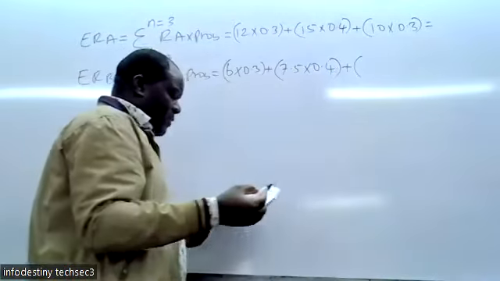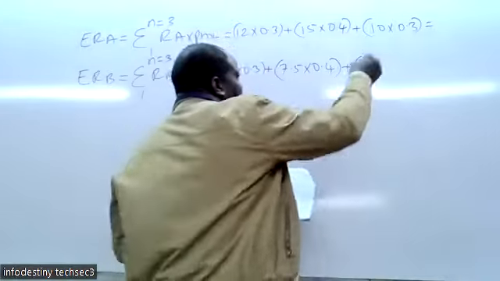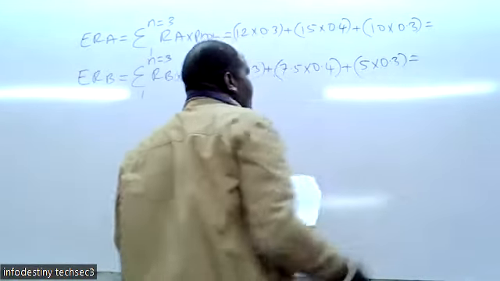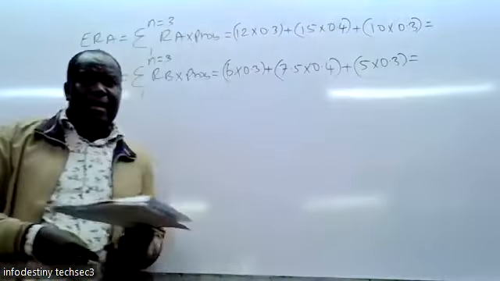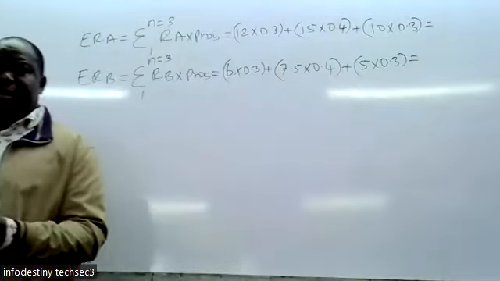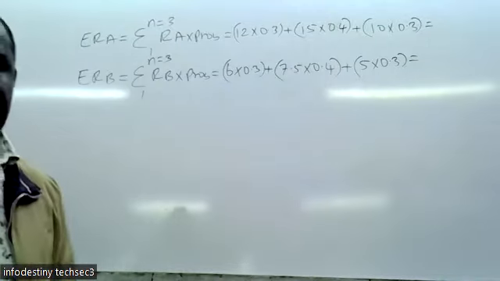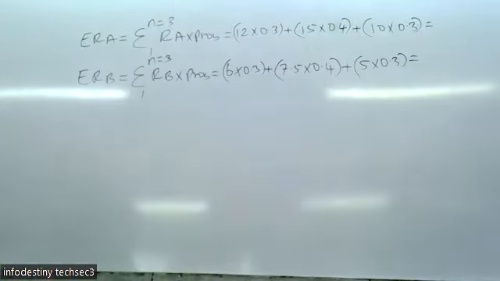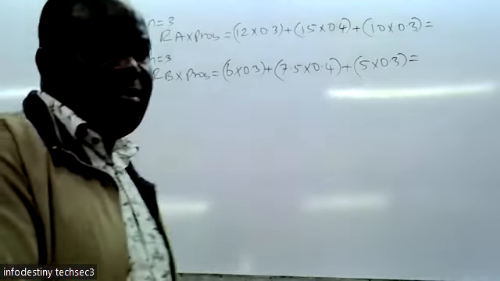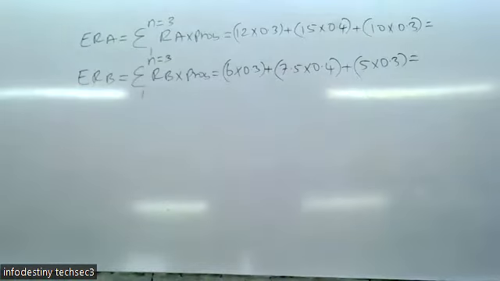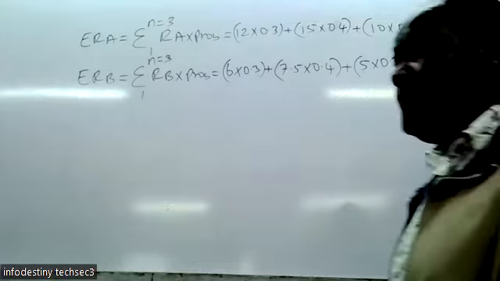The last one is 9.5, also multiplied by 0.3. So that should give you the expected return for A and also for B. You simply take each return multiplied by the probabilities.